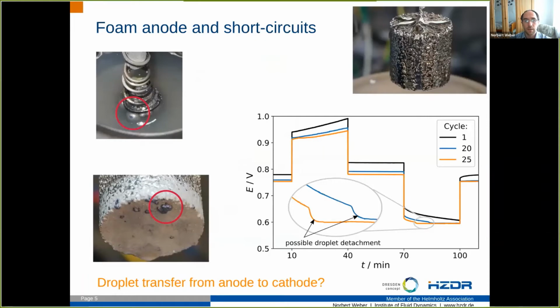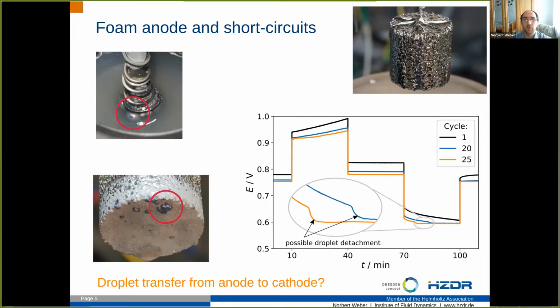Most of the experiments I have shown were performed inside the glove box with open cells, so that you can look inside, see the flow, and really see what happens. At the beginning, we used as current collector for the lithium on the top simply a metal wire, which you can see on the left-hand side at the top.